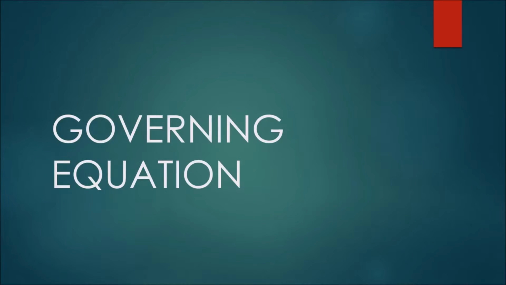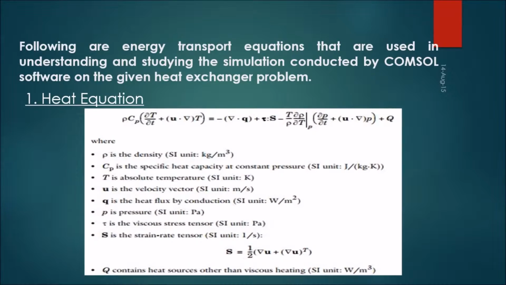Good evening. Now I'm going to talk about the governing equations. Following are the energy transport equations that are used in understanding and studying the simulation conducted by COMSOL software on the given heat exchanger problem. The first one is the heat equation. The formula is given in the diagram below, where all the values are defined properly.